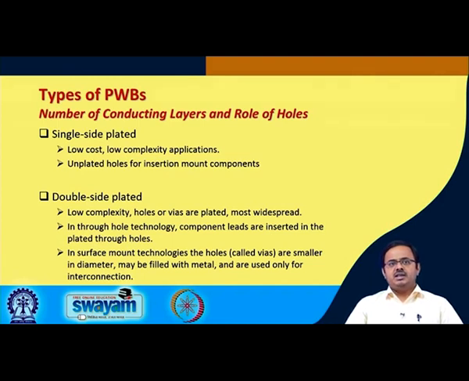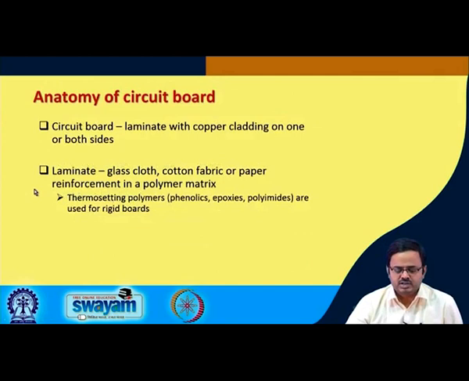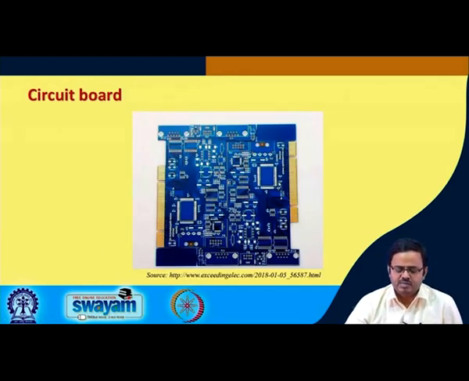The first one is single side plated. Components only come on one side of the circuit board. A single side motherboard is a common example where components are placed only on one of the sides, let us say the top side. If you go back to this picture, the components are probably on one side. We do not know what is behind, but from here it looks like the components are all on one side.